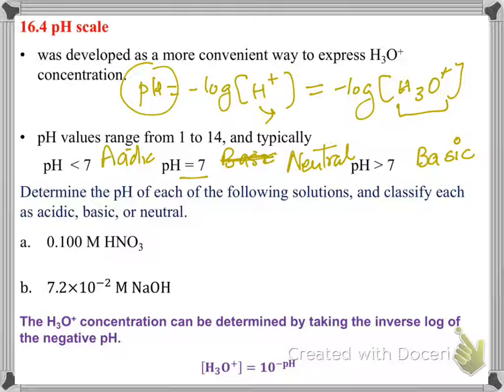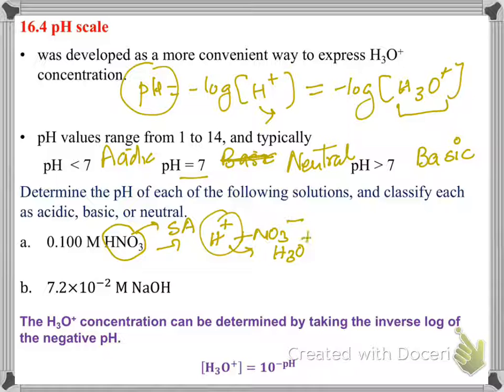The first question is, find the pH of 0.100 molar nitric acid. Nitric acid is a strong acid, and we know strong acids ionize 100%. That means this HNO3 will break down 100% to form this, and all this H plus is going to react with water to form hydronium ions.